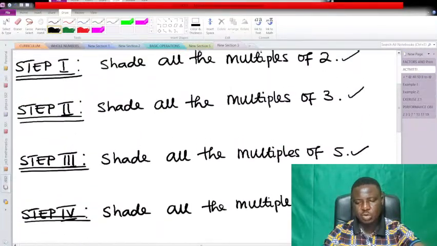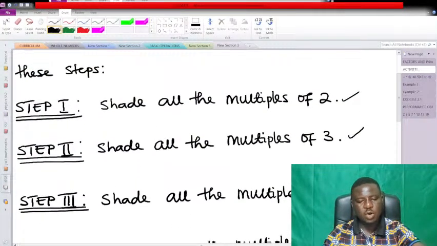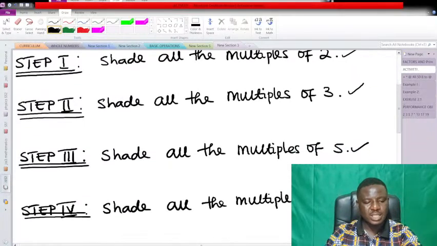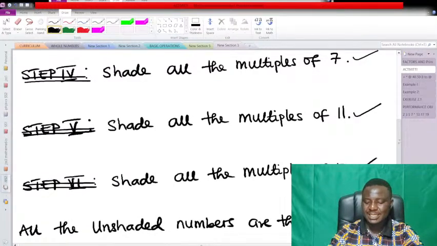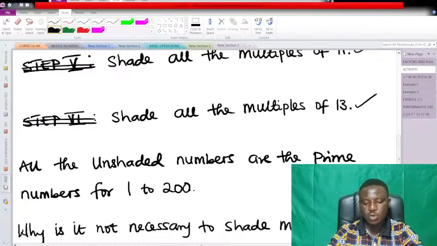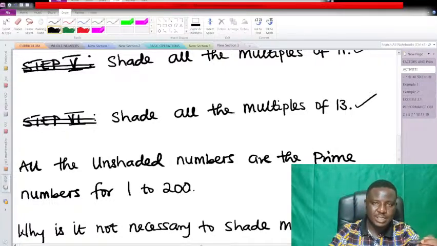The steps include 1, to shade all the multiples of 2, 3, 5, 7, 11, and 13. So all the unshaded numbers are the prime numbers from 1 to 200.